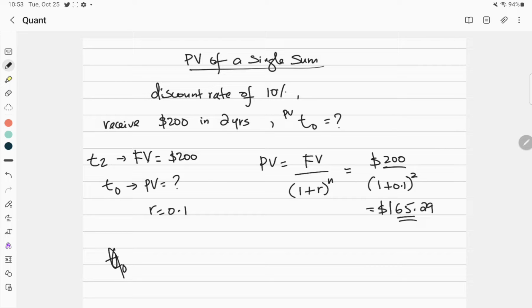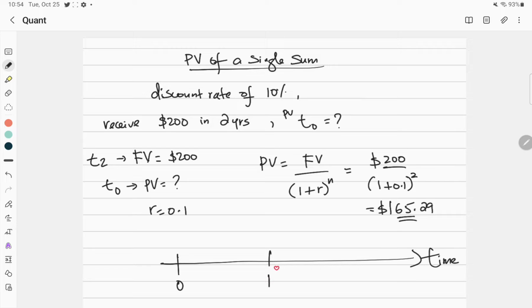So what this means is, let me draw a line here. You have the present time, and this line is time. Time t equal to 0 is the present, the start.